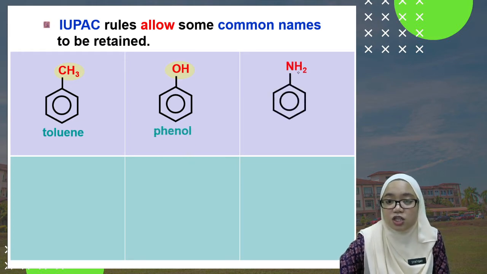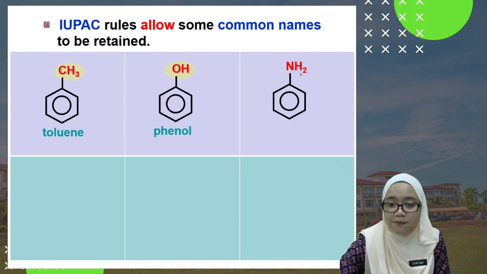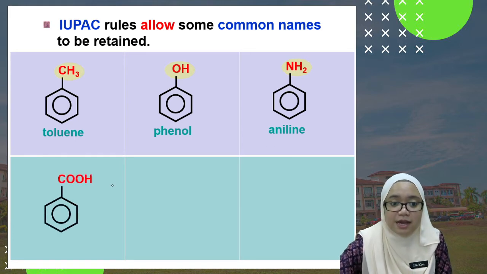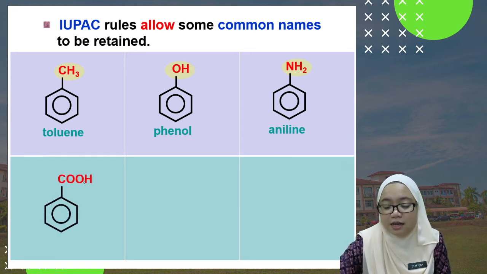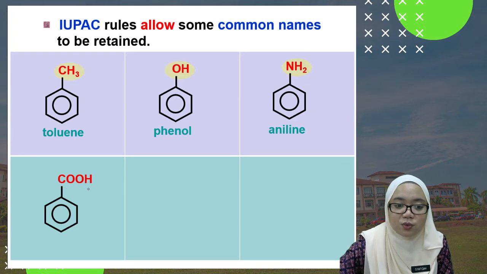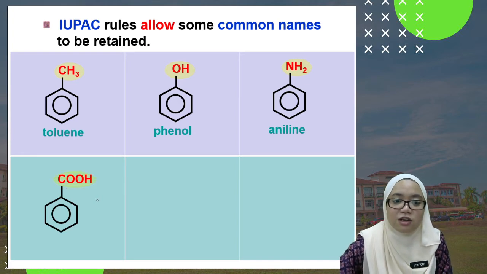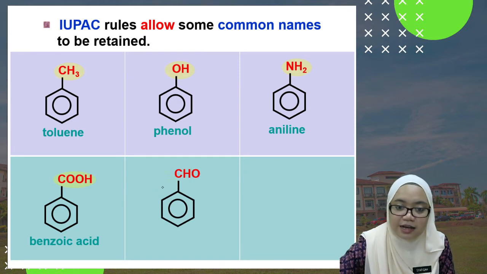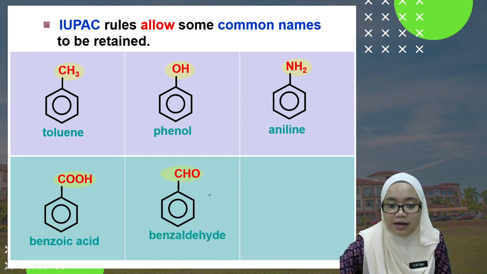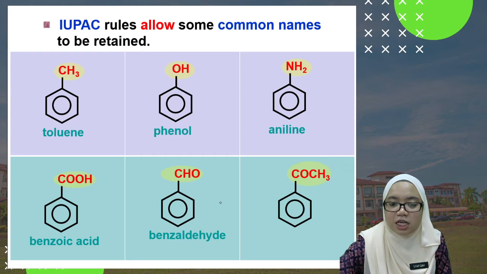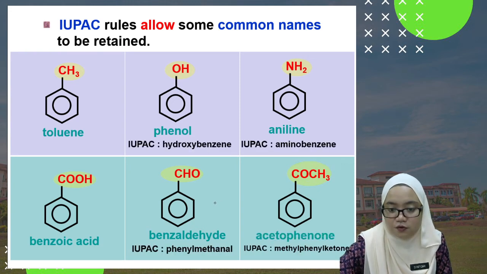Then NH2 here, the amine group, and the common name is aniline. Then we have a carboxylic acid as the substituent for the benzene ring, and the common name is benzoic acid. The aldehyde is benzaldehyde. And lastly, the common name for the ketone on benzene is acetophenone.